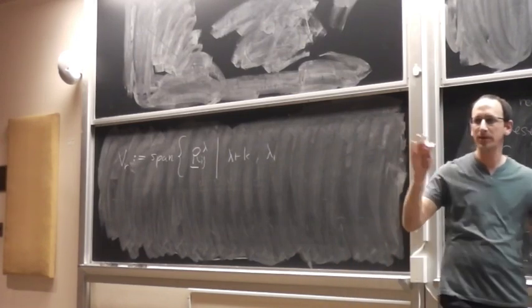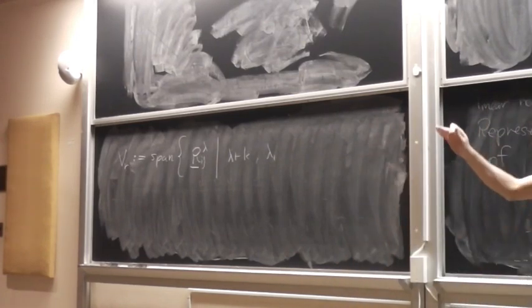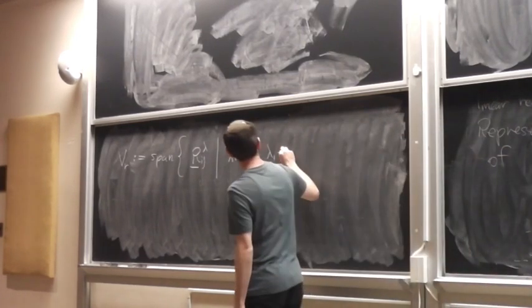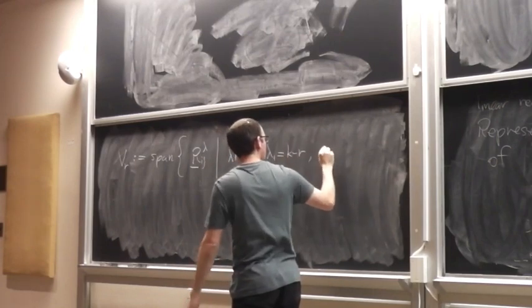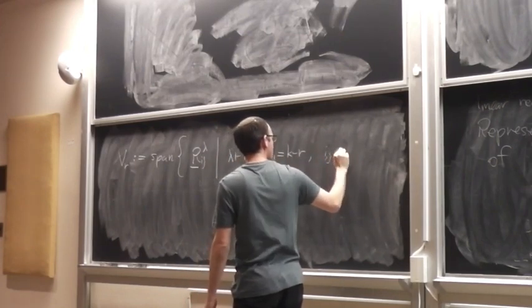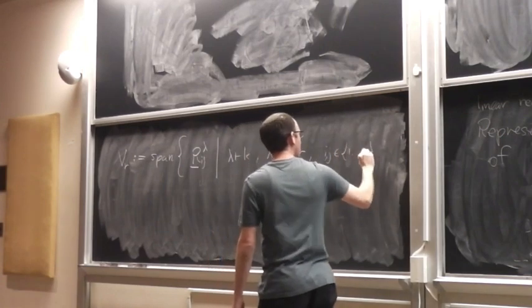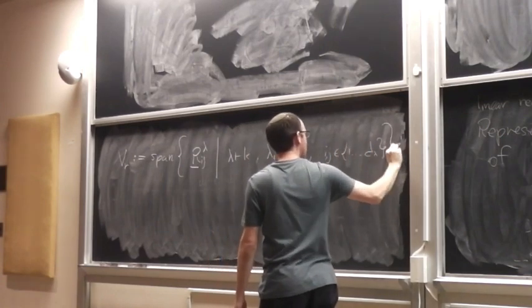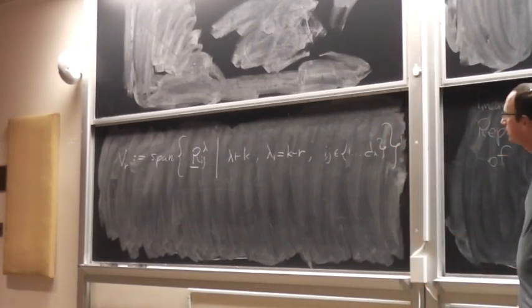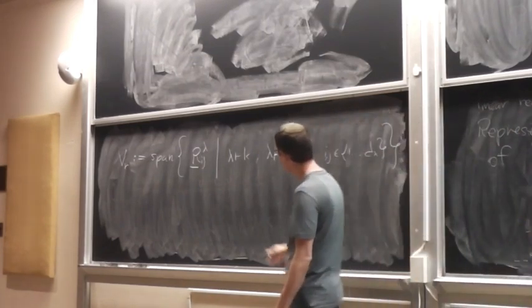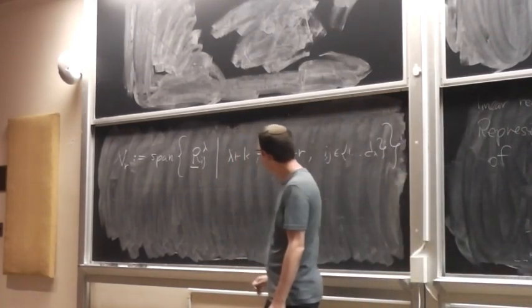If you think about them as Ferrers diagrams, the first row is of length k minus r, and i and j are between 1 and d_lambda as usual. So we classify the matrix elements according to the length of the first row.